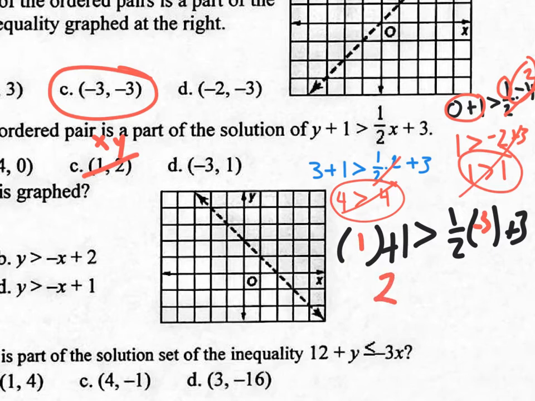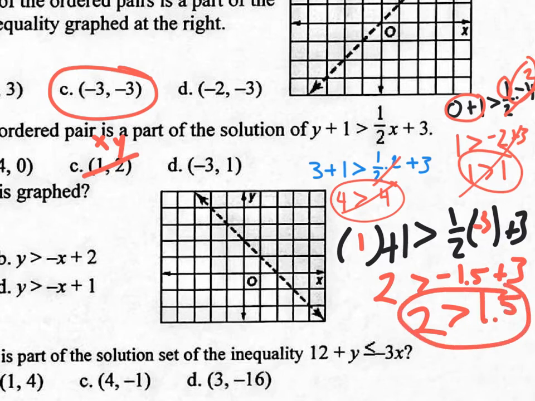So you have 2 is greater than -3 times half is -1.5 plus 3. Oh no, it works, because you have 2 is greater than -1.5 plus 3 is +1.5, and definitely 2 is greater than 1.5. So D is the correct answer.